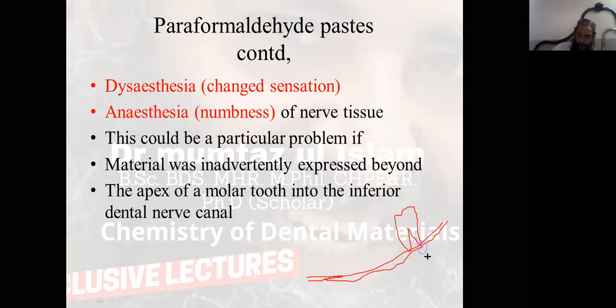So this will go directly into the main nerve trunk, and as it sets hard, it is also an irritant, but after setting it also presses on the nerves, and these changes, dysesthesia and anesthesia, will be there.